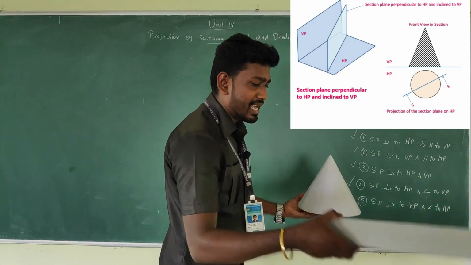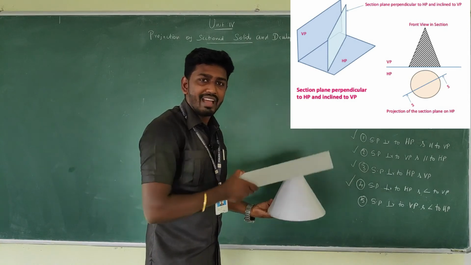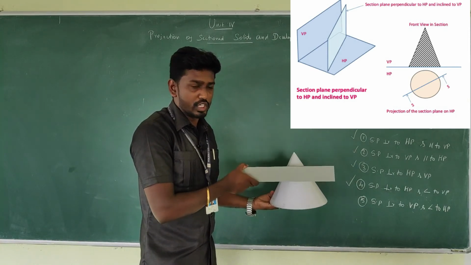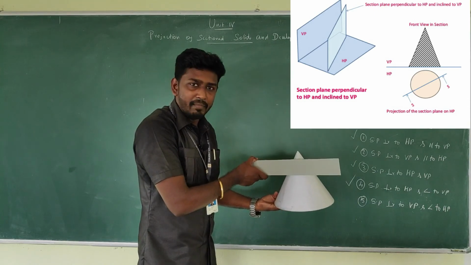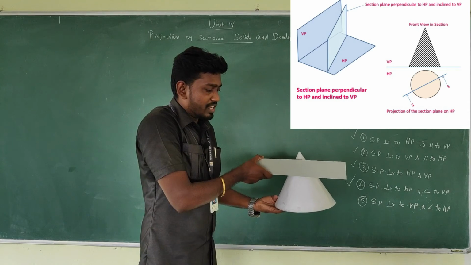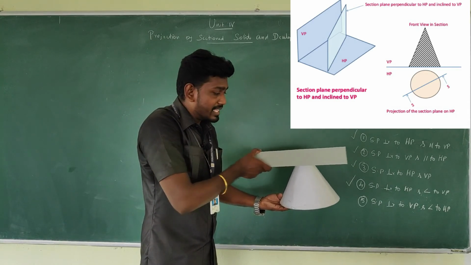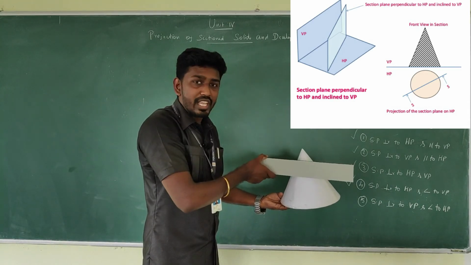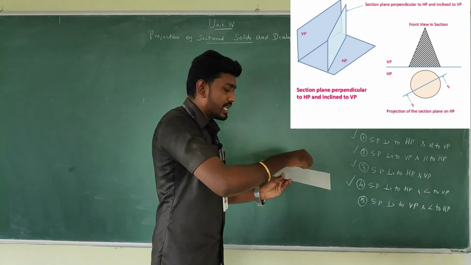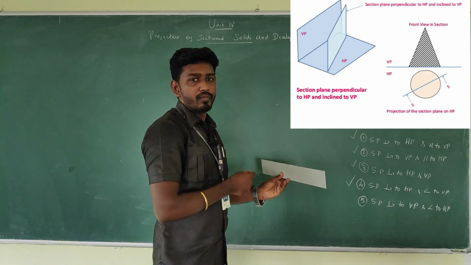When you are having the cut in this manner and doing the projection in the top view and front view, the cut will appear in the top view, because the true length of this cutting plane will be seen from the top view, so the cut of the object can be seen from the top view.